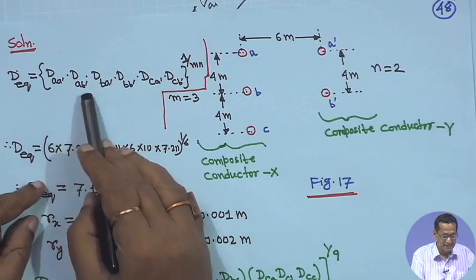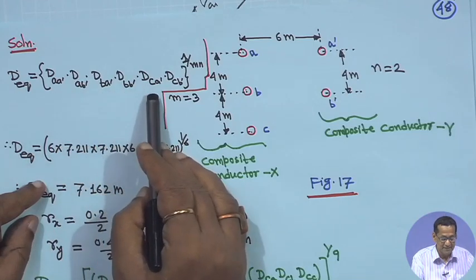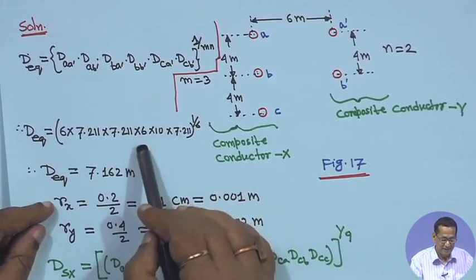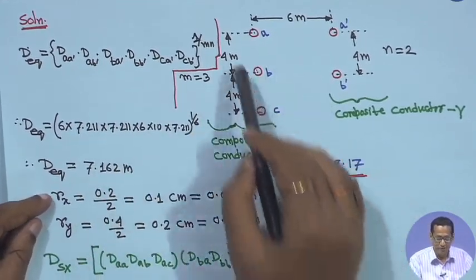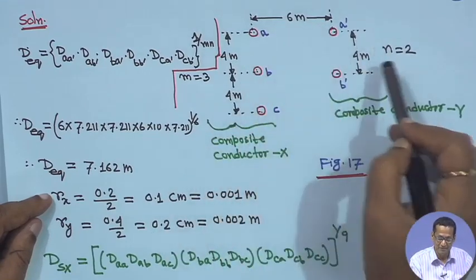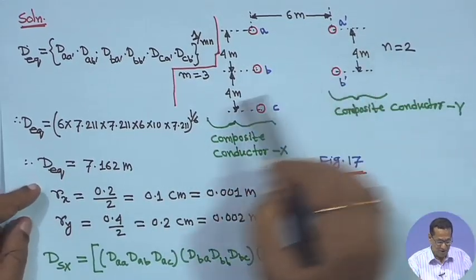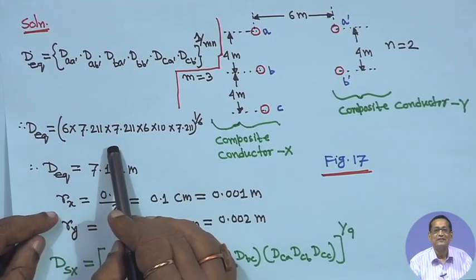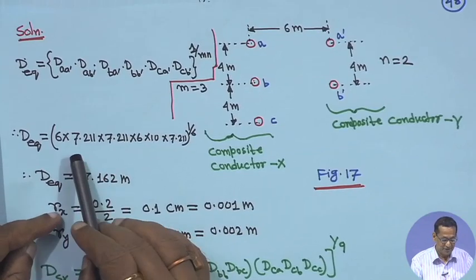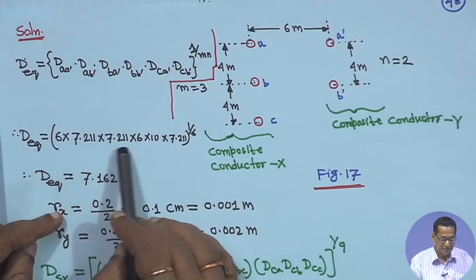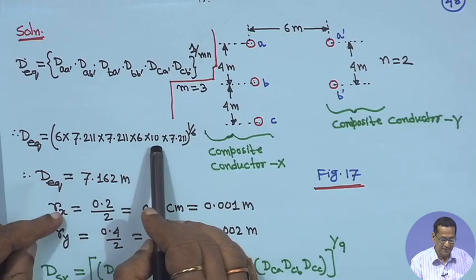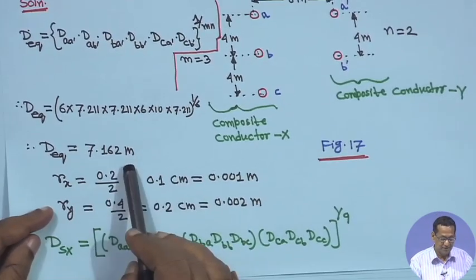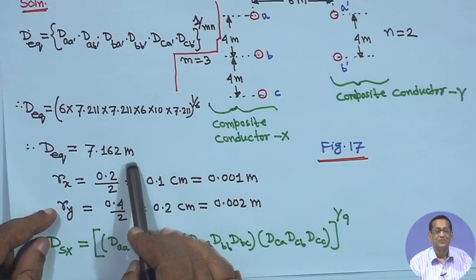All these distances are shown, 4 meter is given, this 6 meter is given, this 4 meter is given, and all other distances you can easily compute. I have directly written them, but you can easily work them out. So, it is 6 into 7.211 into 7.211 into 6 into 10 into 7.211, to the power 1 upon 6. It will come to 7.162 meter.